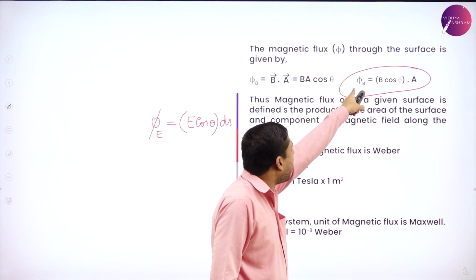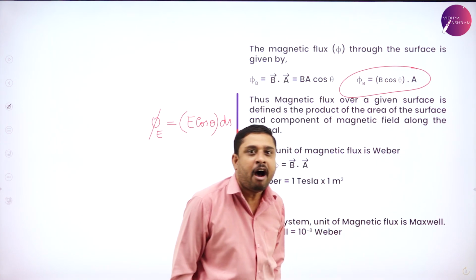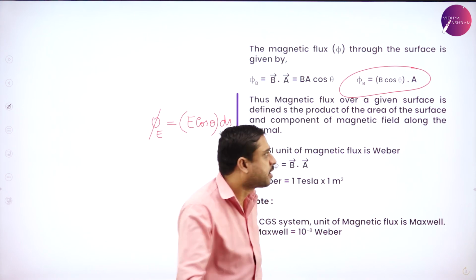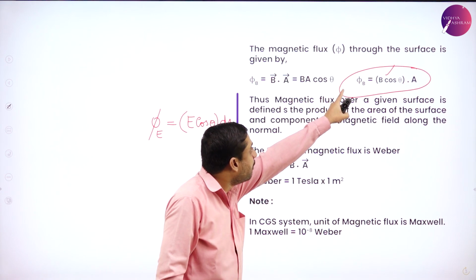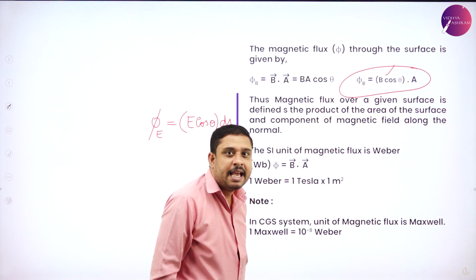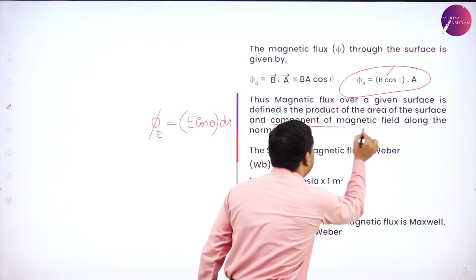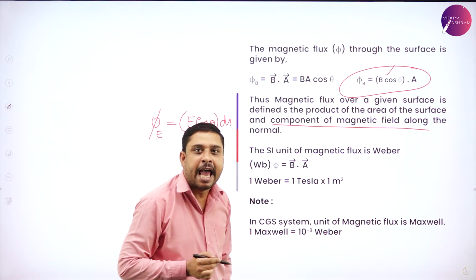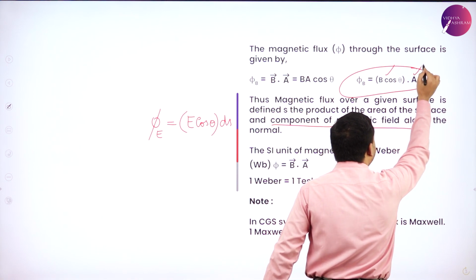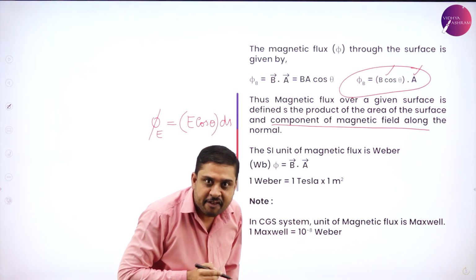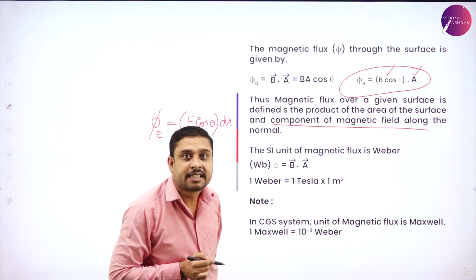Similarly, magnetic flux is B cos theta into A. Again a product. It is the product of the component of the magnetic field along the normal and the area of the given surface, called magnetic flux.